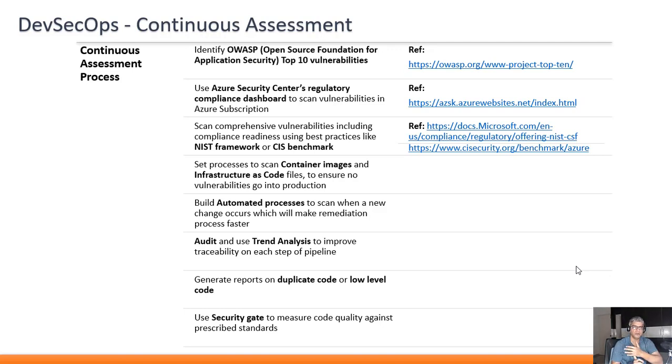One, we have to identify the top 10 vulnerabilities as recommended by OWASP. If you go to the OWASP guidelines, you will find the top 10 vulnerabilities, so identify that. Second, you need to ensure that your security control, which is the Security Center, is implemented over there, which will give you a compliance dashboard.